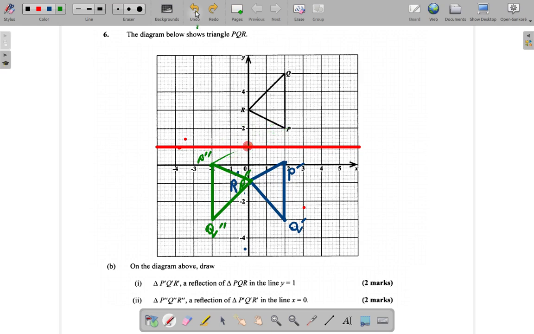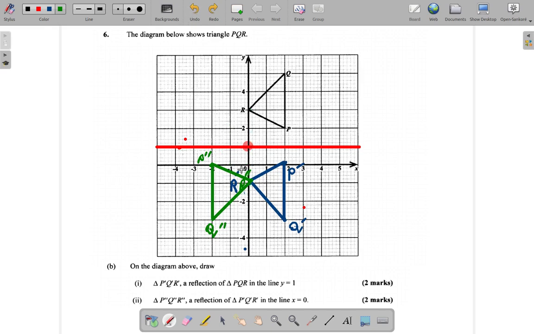Let's try again. If you join Q double prime and Q through this point, then you could make a 180 degree rotation and they match. The other thing is with R, if you join R double prime with the original R, and you rotate right here 180 degrees about this point, they match.